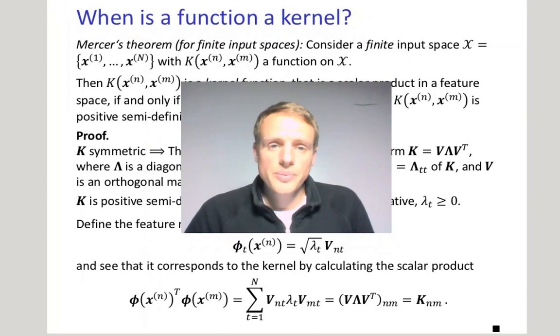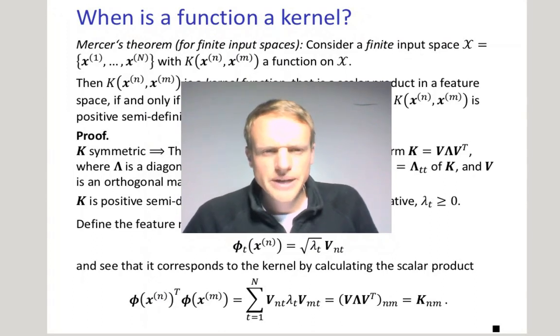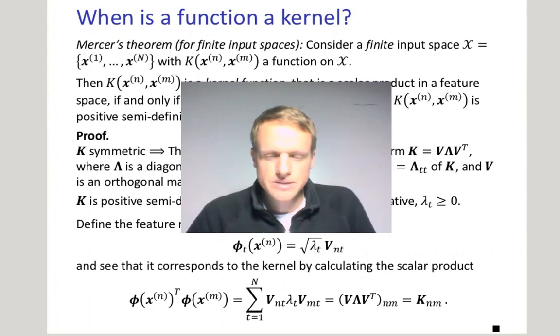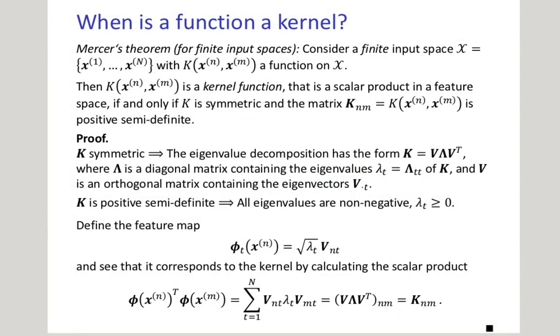So we've seen the properties of the kernel, but does that mean that any function that's symmetric and defines a positive semi-definite Gram matrix is a kernel? Well, according to Mercer's theorem, the answer is yes.